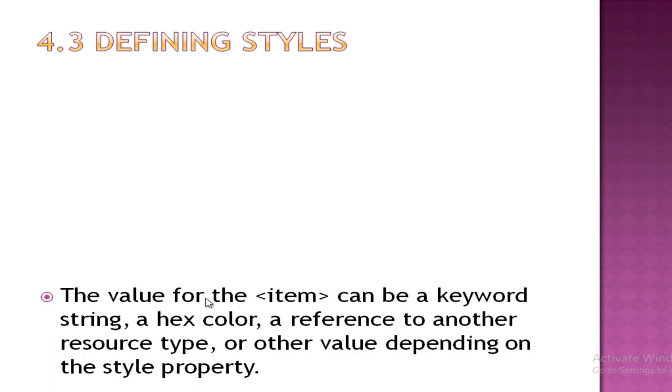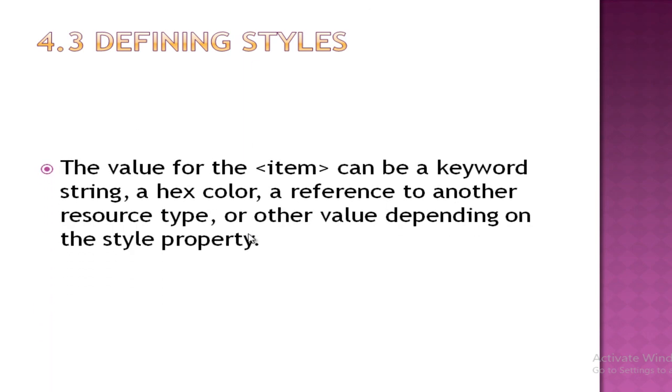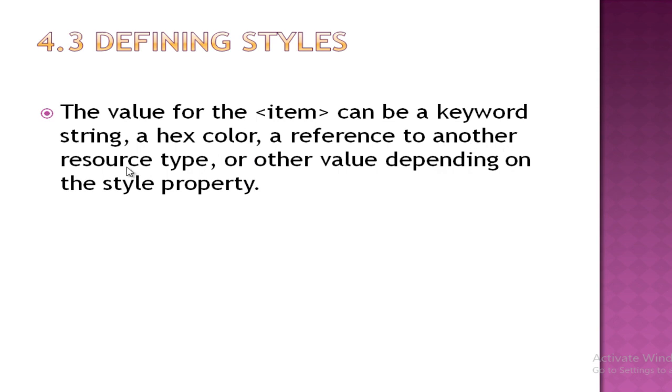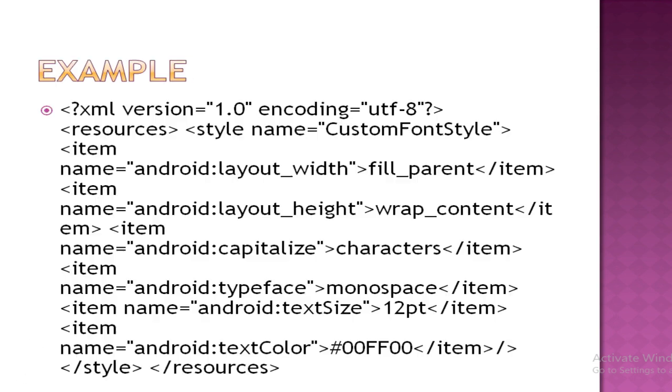So using that hex color or a reference to another resource type or other view, depending on the style properties. We have already seen the different styles: width, height, then typeface, that is the font type, then text size, text color, etc. Okay.